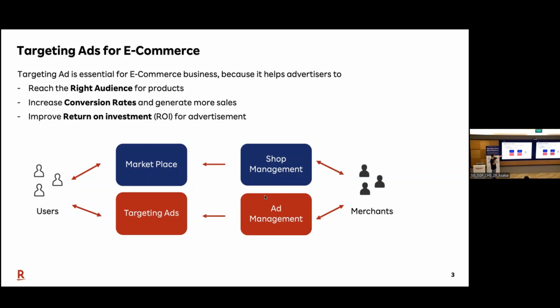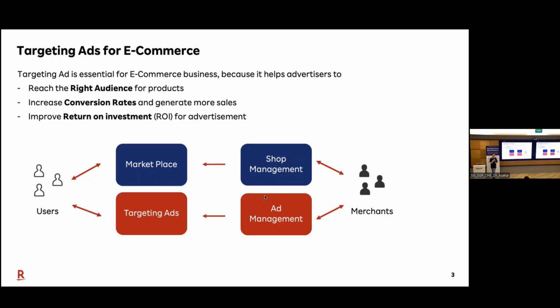So merchants make use of the ad management to do the self-service, to configure the ad campaigns, what kind of performance ads they want to serve, they want to buy. And those targeted ads, once they are serving, they will be running, with the tag recommendation logic, to the actual users who visited either the website of the e-commerce itself, the marketplace, or even outside Rakuten, because we have something called ad exchange, or we show the ads outside Rakuten.